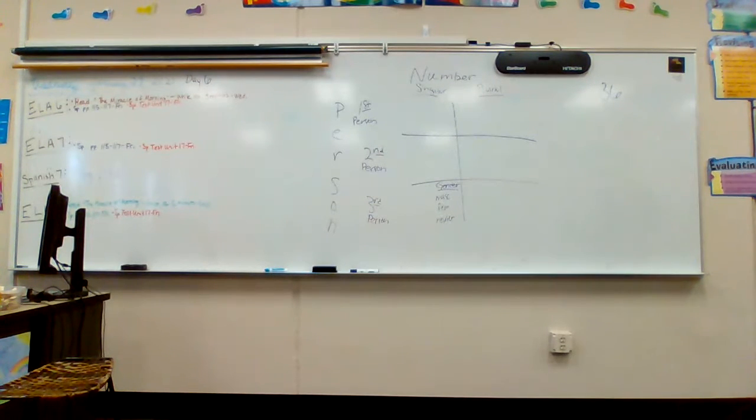The other day we talked about subject pronouns that you use whenever the pronoun is in the position of the subject of the sentence or the subject complement of the sentence. The subject is whoever is doing the action, and the subject complement comes after a linking verb like was or is. We use a subject pronoun if it's referring back to the subject.